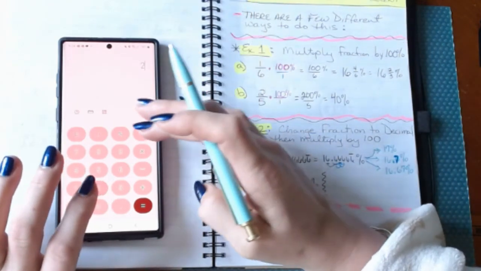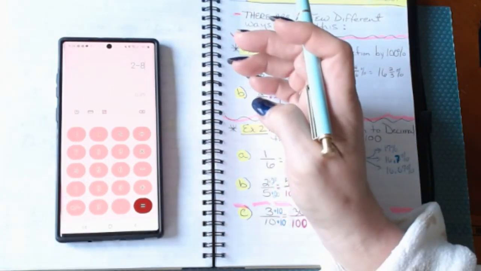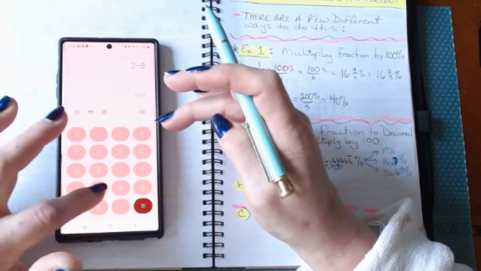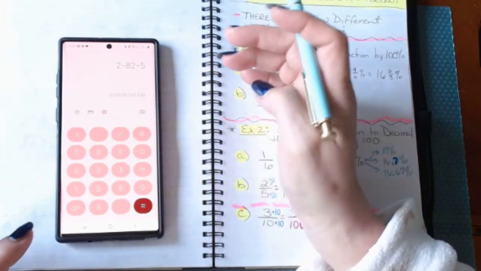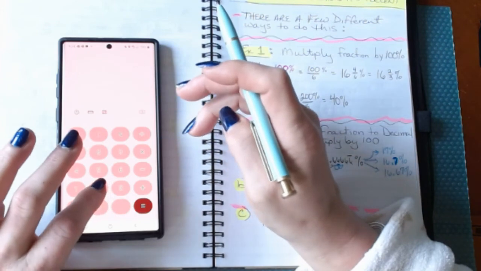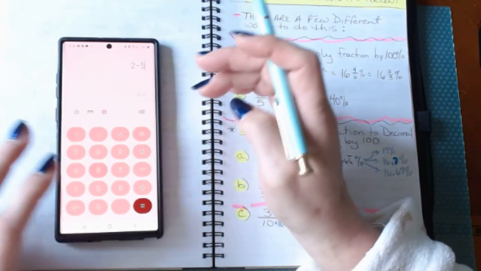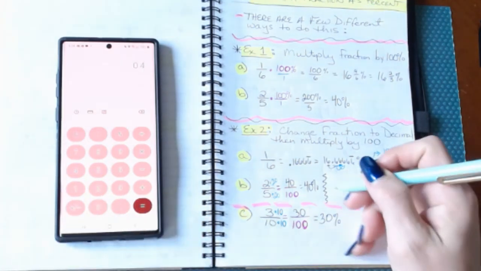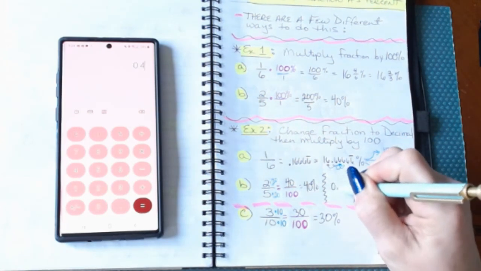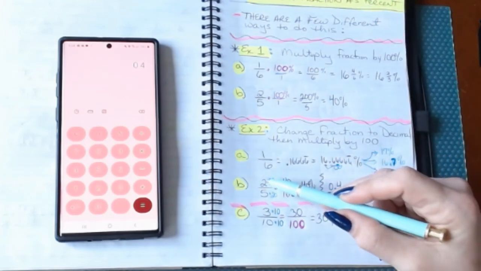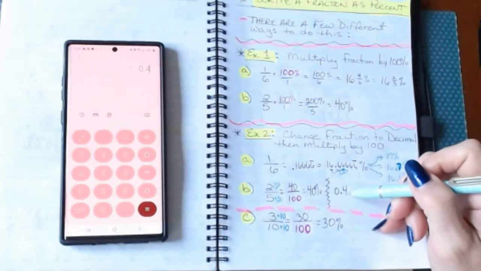Oh my goodness, I keep hitting the same one. All right, one more time. 2 divided by 5. Woo! Finally, hit enter. 0.4. Took a long time to get there, right? So 0.4 is what I get when I divide that in my calculator. So in other words, 2/5 equals 4/10.